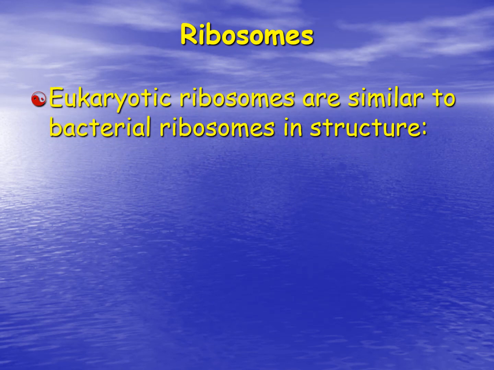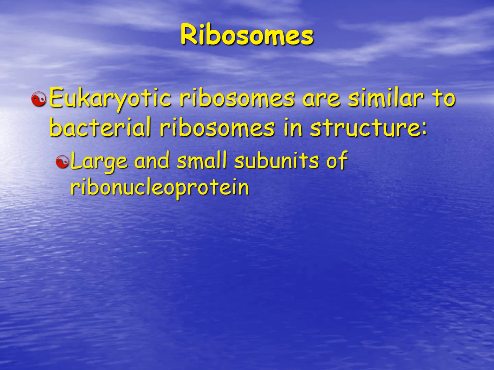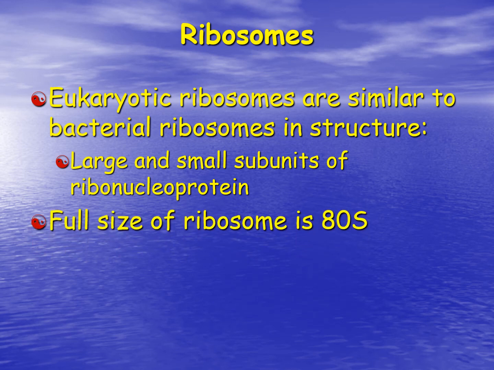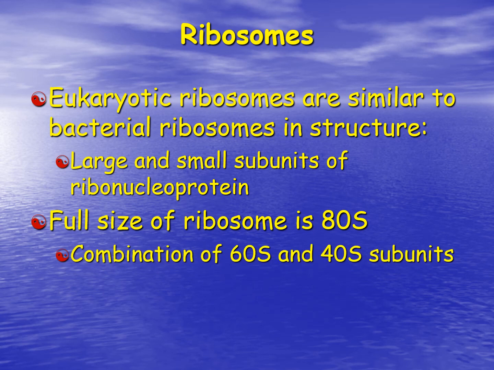Eukaryotic ribosomes are similar to bacterial ribosomes in the fact that they do have a large and small subunit of ribonucleoprotein, or RNA. The full-size ribosome is 80S, and it's a combination of the 60S and 40S subunits that will come together to form the fully functional ribosome.